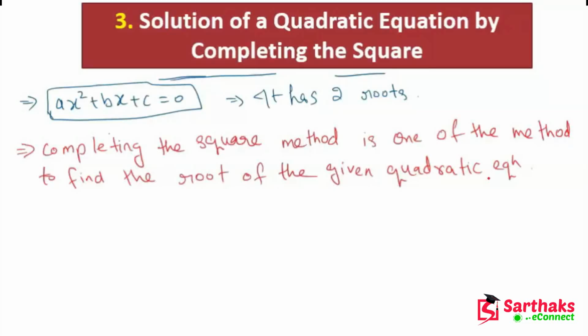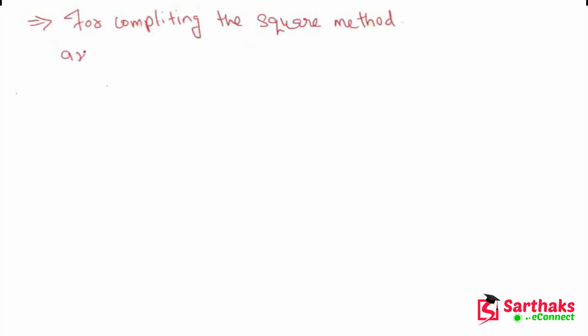Now let's see the method. For the completing the square method, there are some steps. So what are these steps? Suppose we have an equation ax square plus bx plus c.